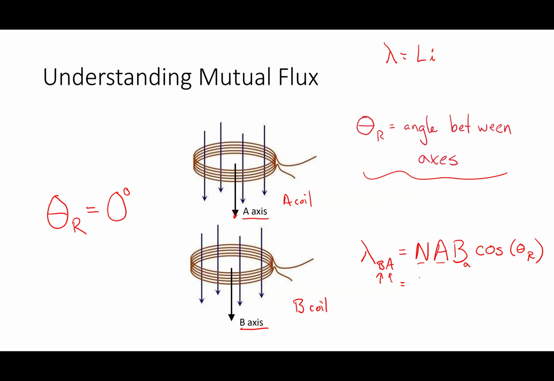So essentially this becomes a bunch of constants, which I just write as M, times whatever the current is, times the cosine of the angle between those two things. So basically this is the mutual flux linkage between the two: some constant times a current times this term. And we're going to use that later.